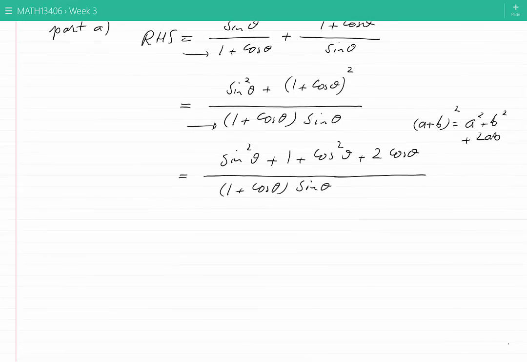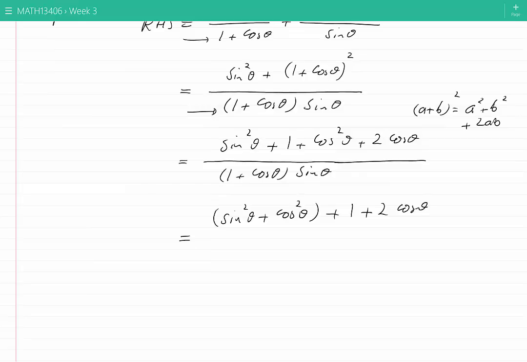Now we observe that we can rearrange the terms in the numerator to get sine squared theta plus cos squared theta, which we can consider together, and then we have a 1 and a 2 cos theta, and in the denominator we still have 1 plus cos theta times sine theta.